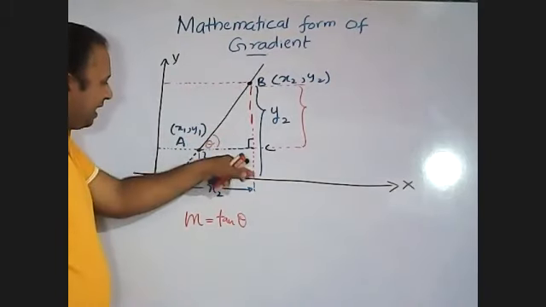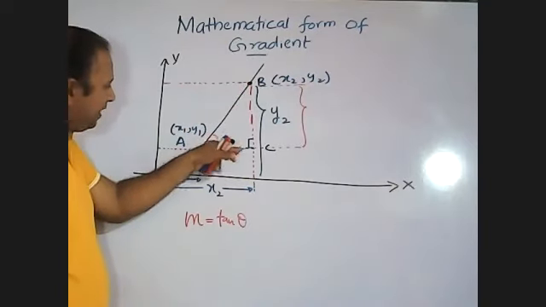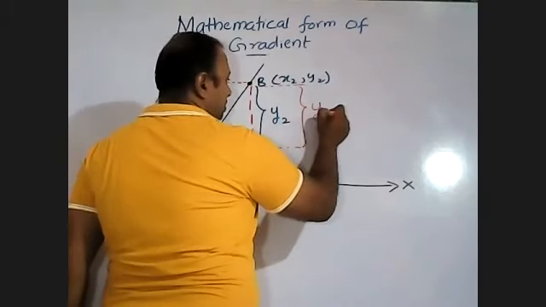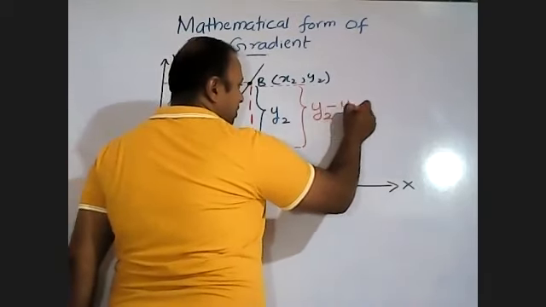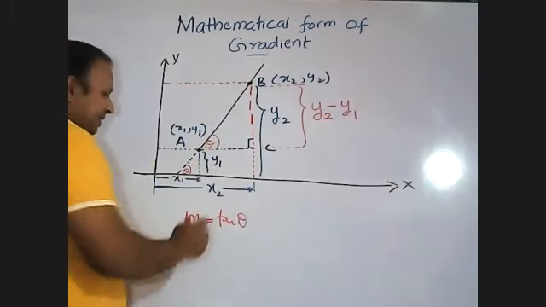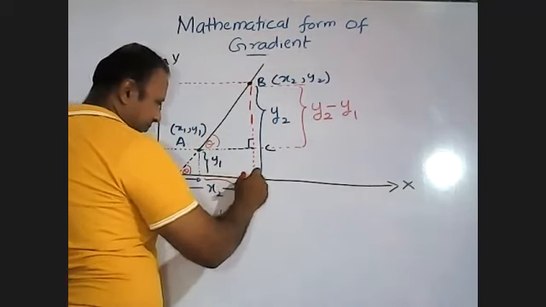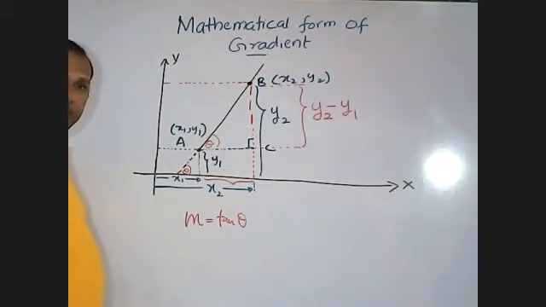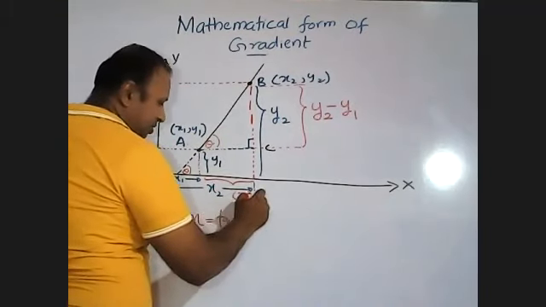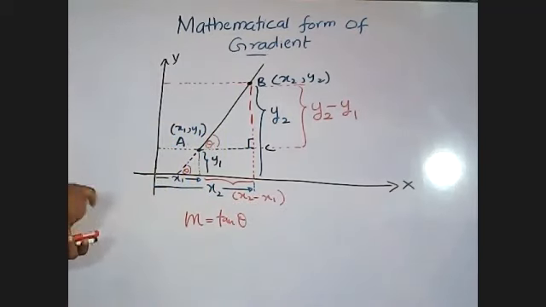This is the highest one, this is the lowest one. So y2 minus y1 is equal to BC. And AC, this one, is equal to x2 minus x1.